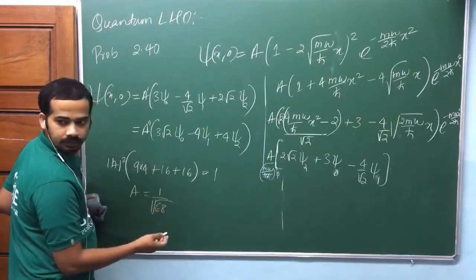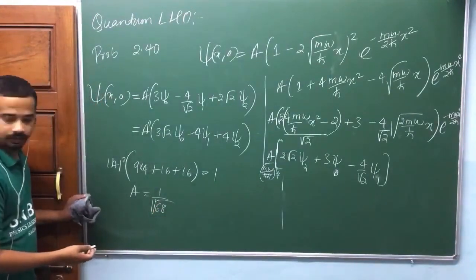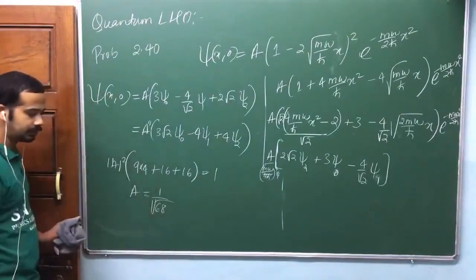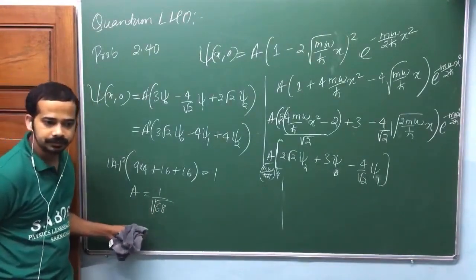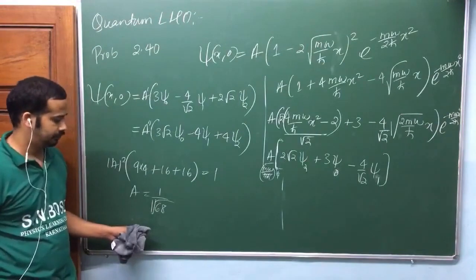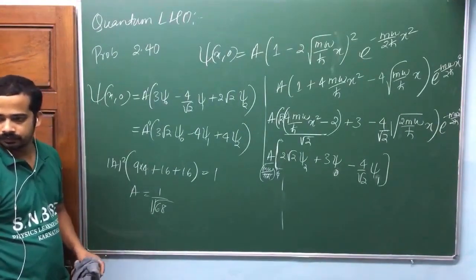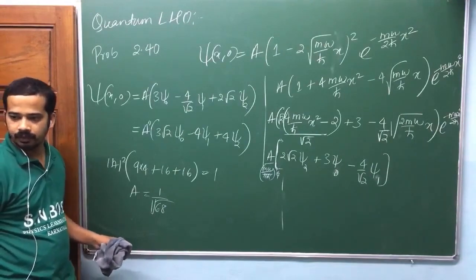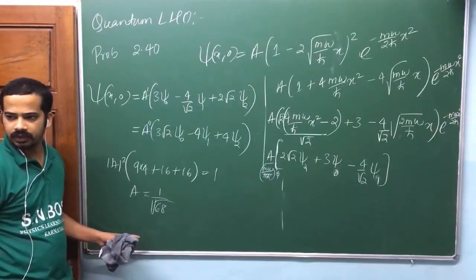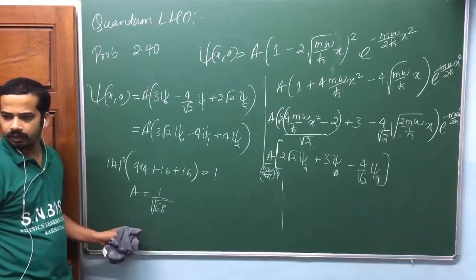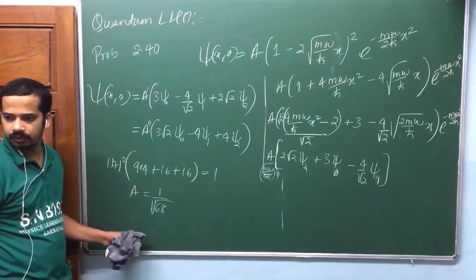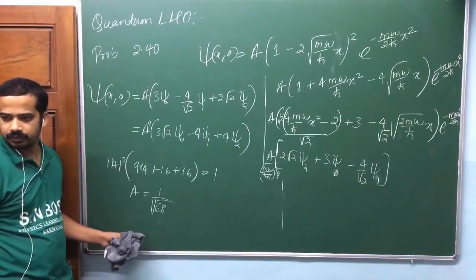Any root? You can write it as a root of something. Quickly tell me. Not divisible by 4. It should be divisible by 4.